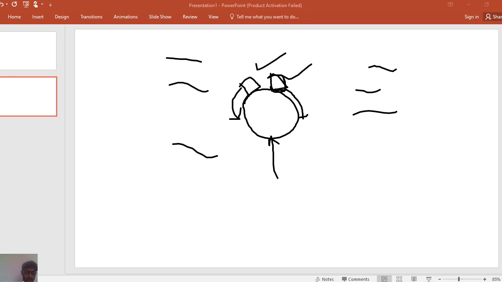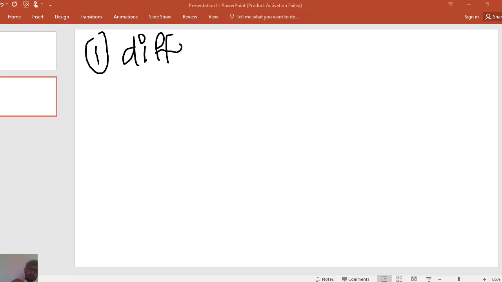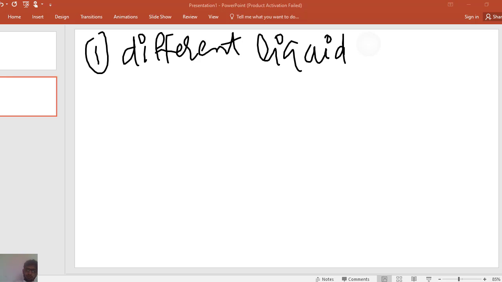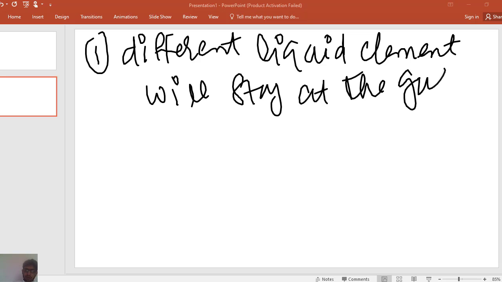Now, in this theory, it is assumed that different liquid elements will stay for different times at the gas-liquid interface, at the gas surface or the bubble surface.